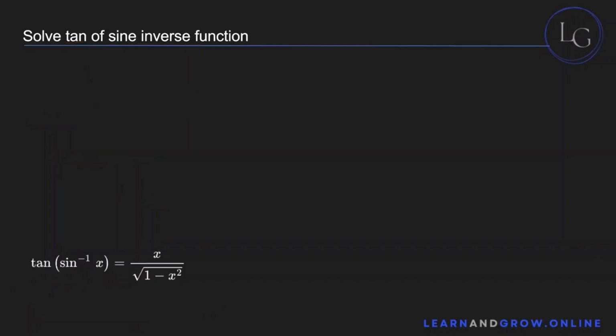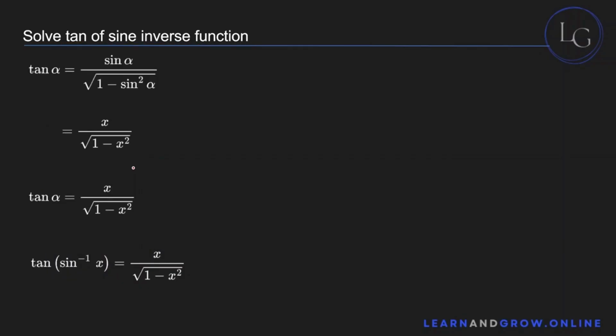So now what you'll do is you'll basically replace the sine alpha terms with x, right? Because that's what we did initially. We said that sine inverse of x is equal to alpha, so sine of alpha is equal to x. So since sine of alpha is equal to x, this sine of alpha in the numerator becomes x, and this sine square alpha becomes x square, right?